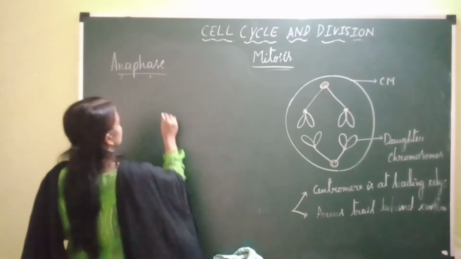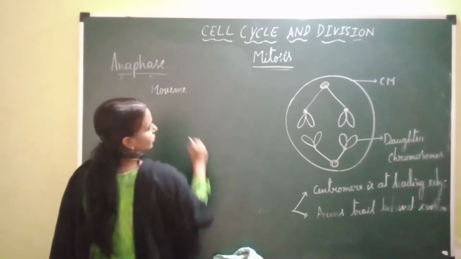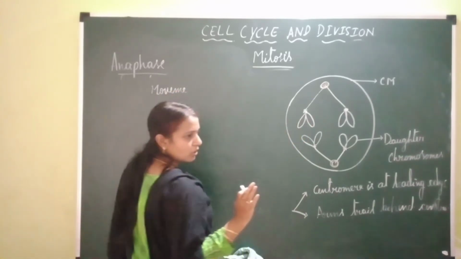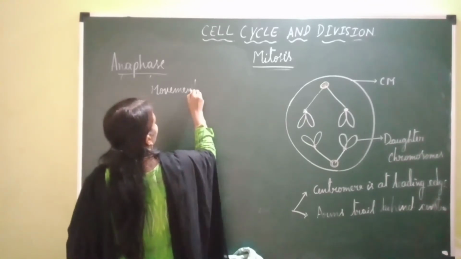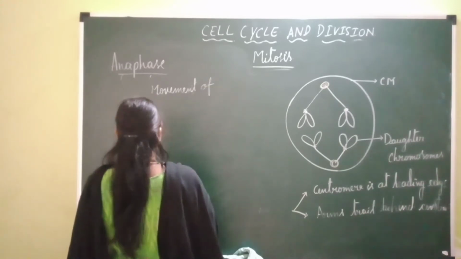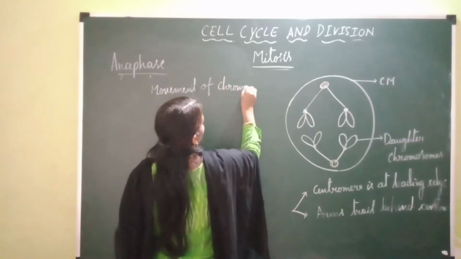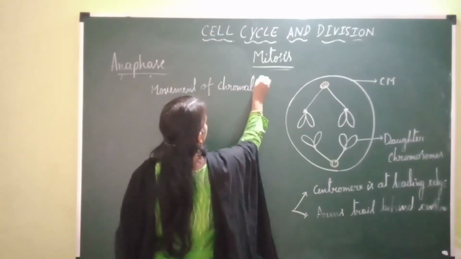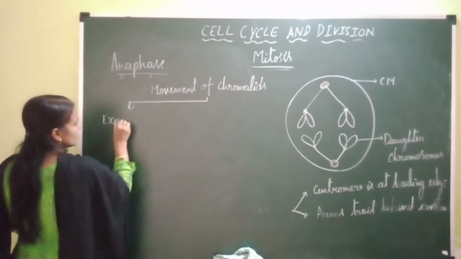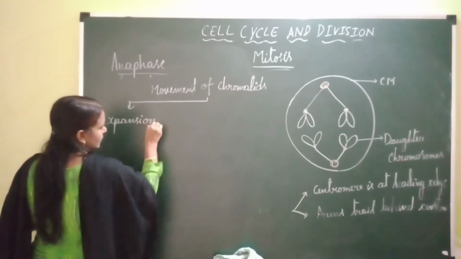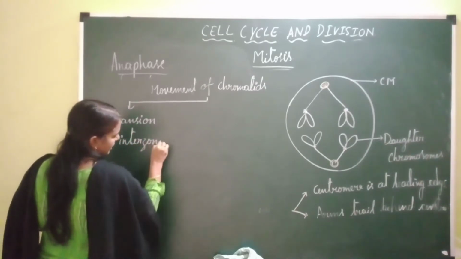So the movement of chromatids or chromosomes, and a chromosome with one chromatid is also called one chromosome, towards two opposite poles of the cell occurs because of the expansion of interzonal fibers. I'll explain what these interzonal fibers are.